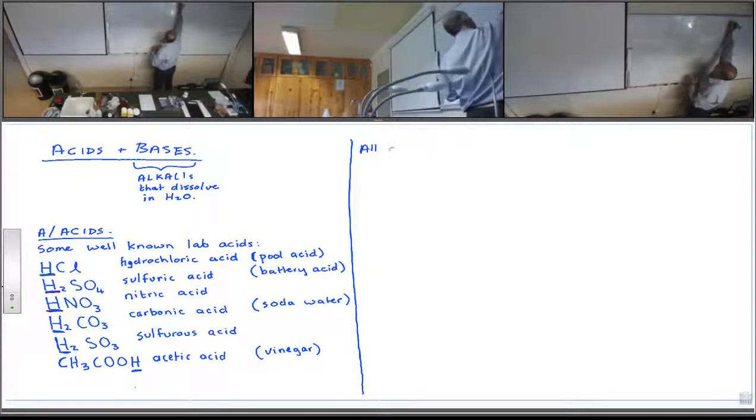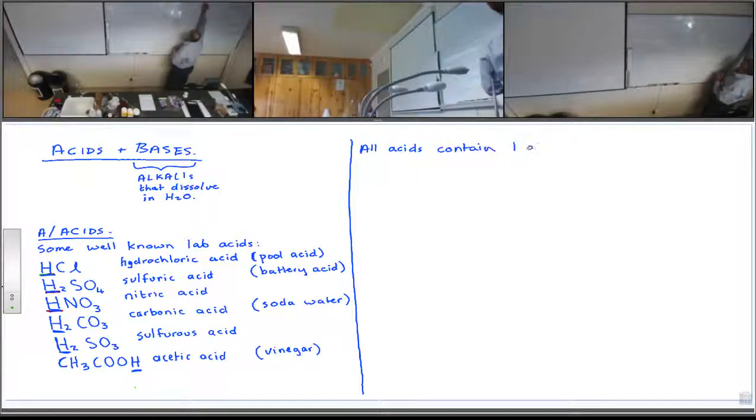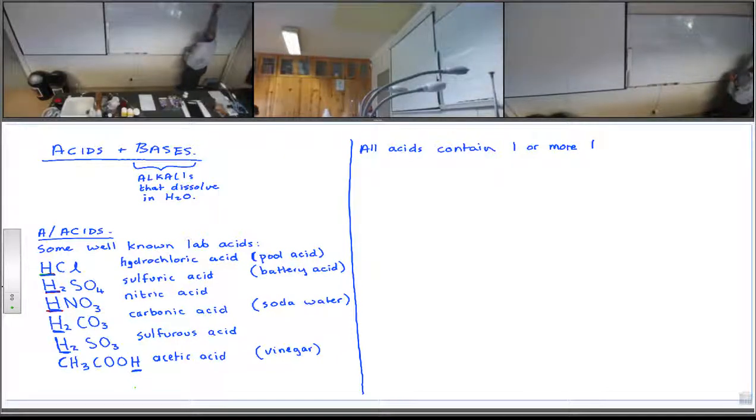All acids contain one or more H's. Okay. So which acid here contains one hydrogen?